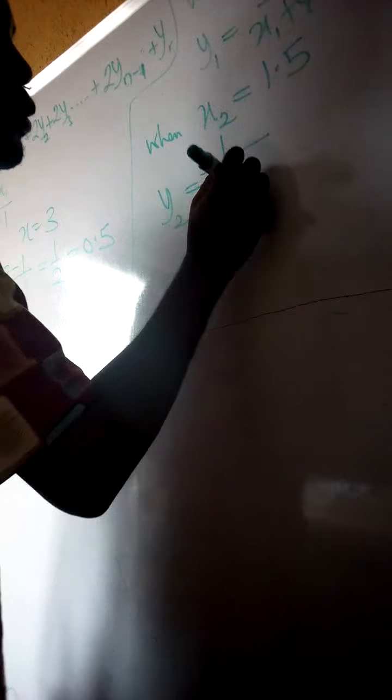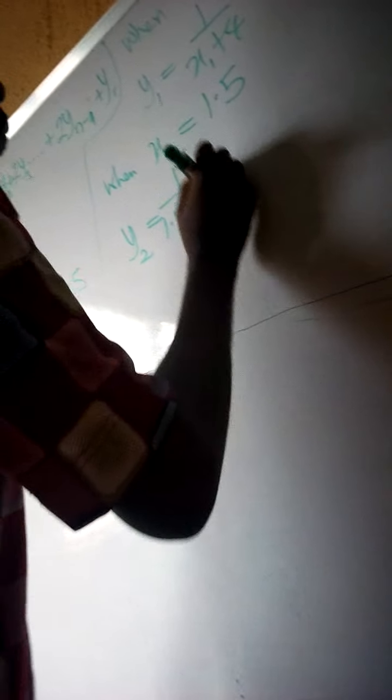When x equals 1.5, y2 will be 1 over 1.5 plus 4, and that equals 1 over 5.5. And 1 over 5.5 is 0.1818.